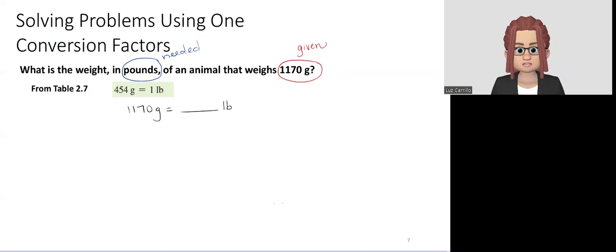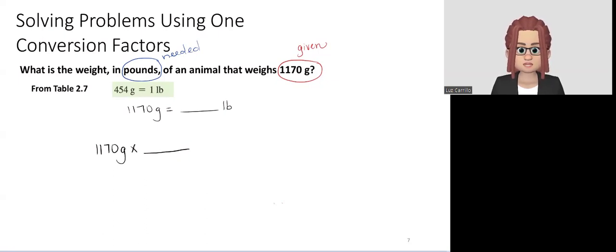Let me illustrate how we utilize dimensional analysis to solve the following problem. So with this, we can write down the unit given, 1,170 grams. And I'm going to multiply this by setting up my equality as a fraction. Now, what do I place in the numerator versus the denominator?